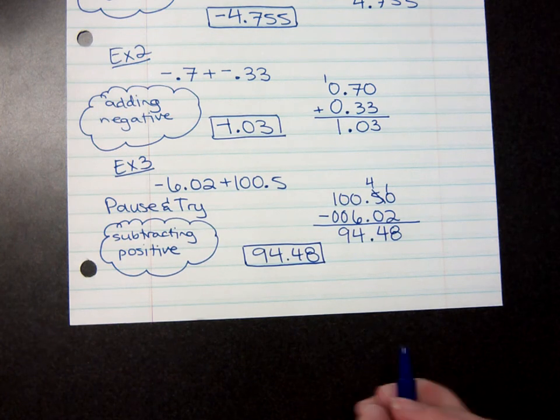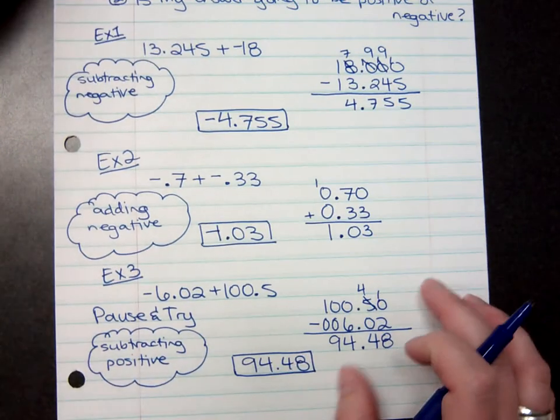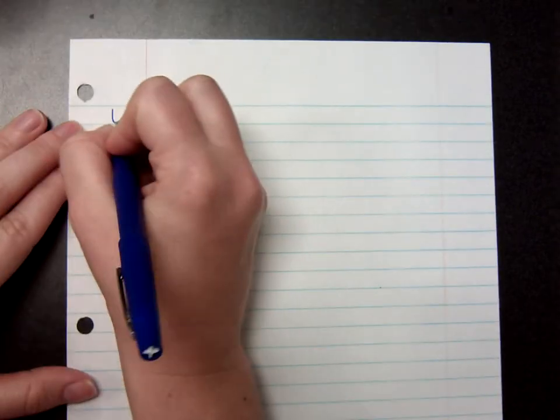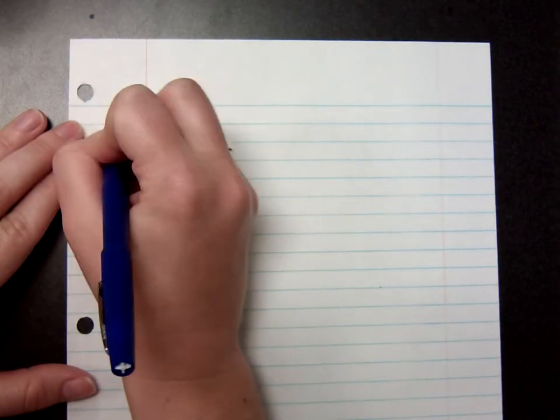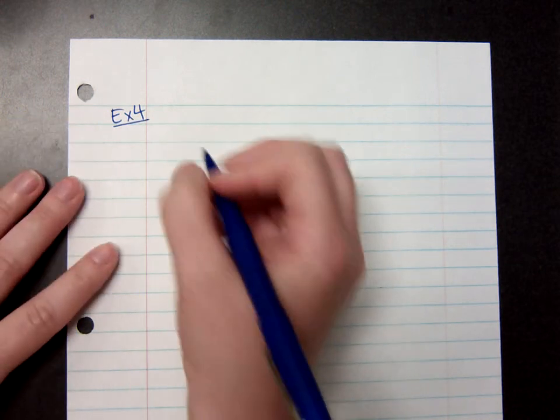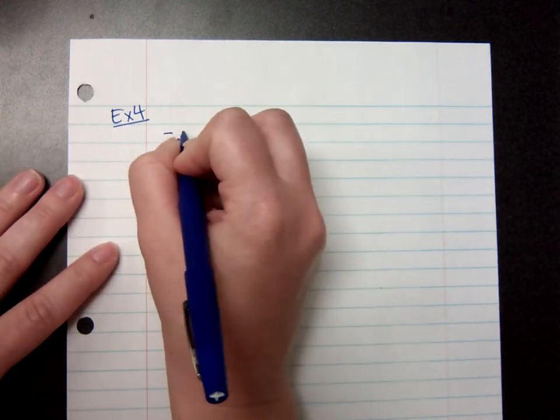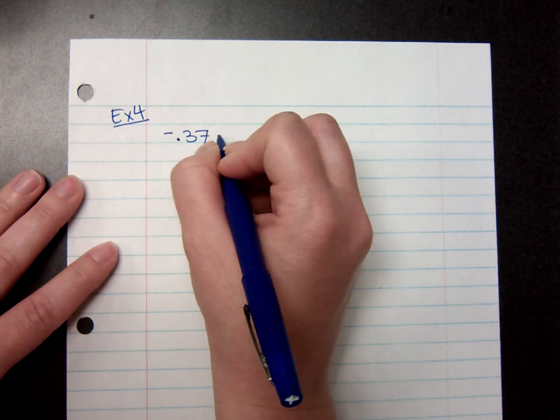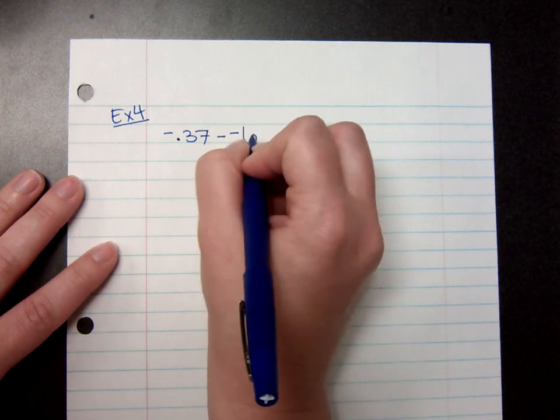Alright, let's do 3 more, and then we'll be done with this section. Alright, we'll do this one together, and then I'll give you one to practice. If I have negative 0.37 minus negative 6.